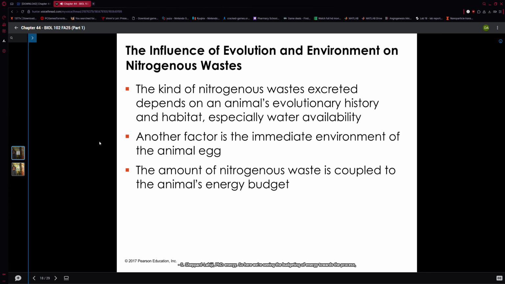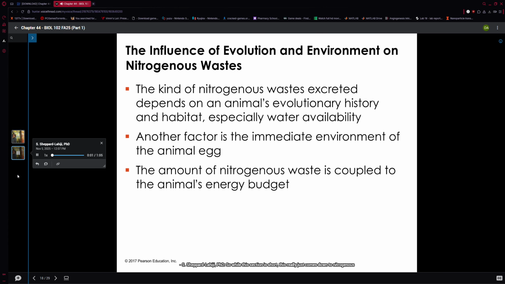So here we're seeing the budgeting of energy towards the process far outweighing the idea of another type of nitrogenous waste that doesn't form that precipitate, which could build up and negatively impact embryonic development. So that would be an example of thinking about the immediate environment of that animal egg.